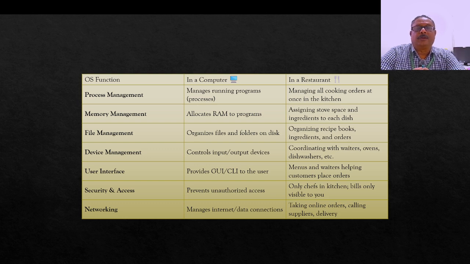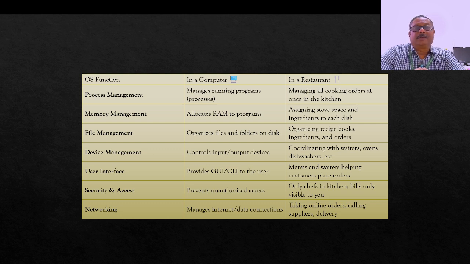So many cooking orders are coming in parallel, and how do we manage them? That's the work of the kitchen manager, and that is taken care of by the operating system under the process management system.